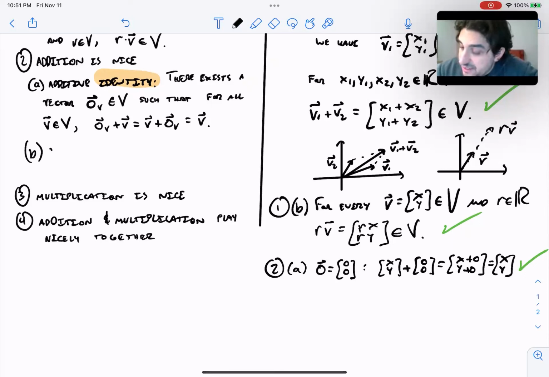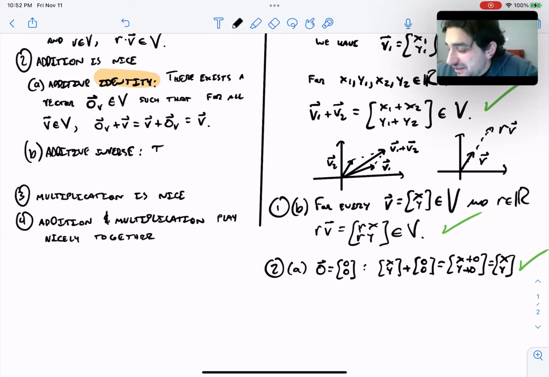2b is commutativity. Oh, sorry. Let's do additive inverse. We'll do additive inverse next, then we'll do commutativity. So additive inverse, this one is almost like a special case of scalar closure, but that's maybe not obvious up front. It's almost like scalar closure but for -1.